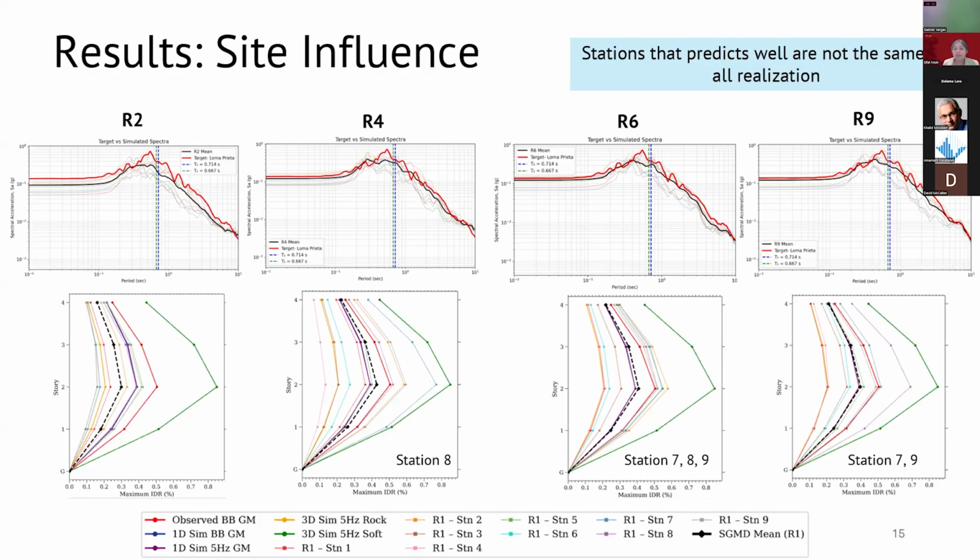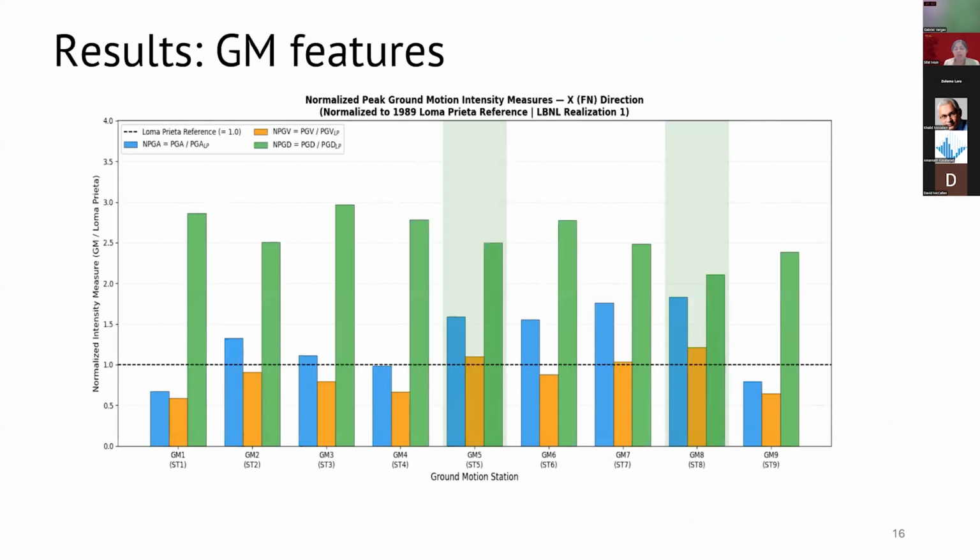Another thing is that, if we look at R4 and R6, they are close, kind of similar, but when it's giving prediction, they are not same. So other than spectral value, there are other things that we think are contributing here, and we want to investigate them further, different GM features.